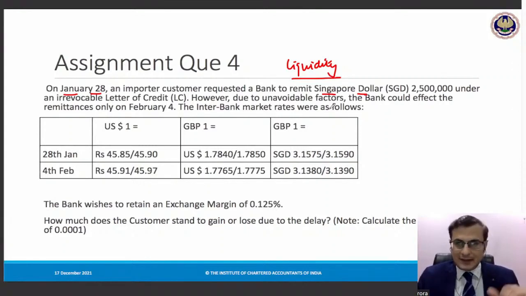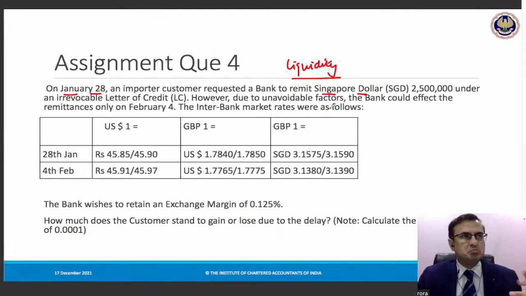So if you need any dollar, pound, euro, you go to the bank and they provide you with the quote. Sometimes you feel that the amount is higher. Amount is higher means the currency is less traded, not frequently traded.